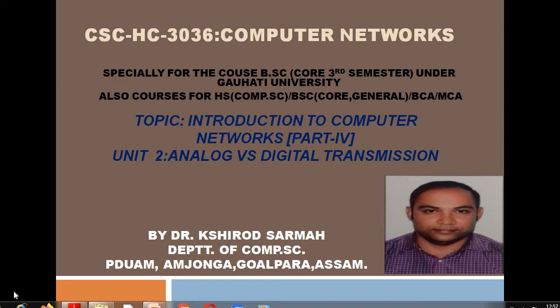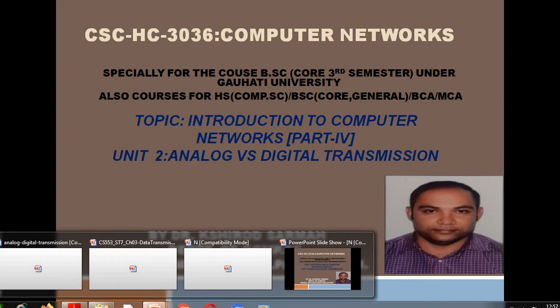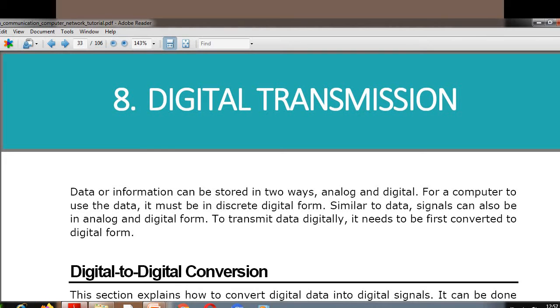So how do we distinguish analog and digital signals? This is important. Data is transmitted across a transmission medium in the form of an electromagnetic signal. An electromagnetic signal can be either analog or digital.